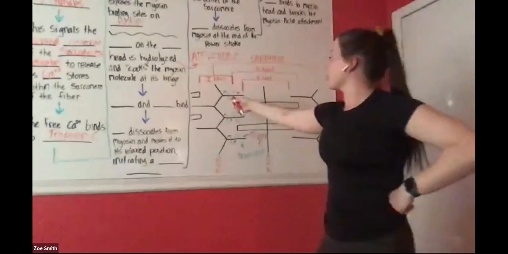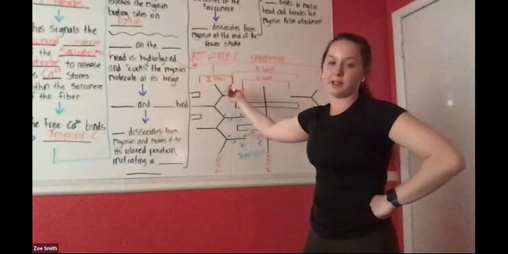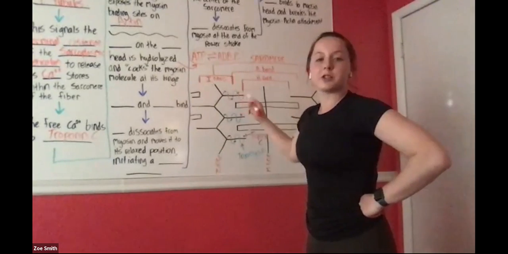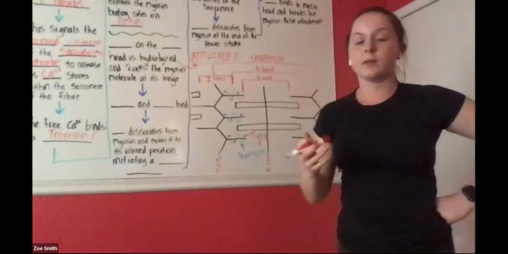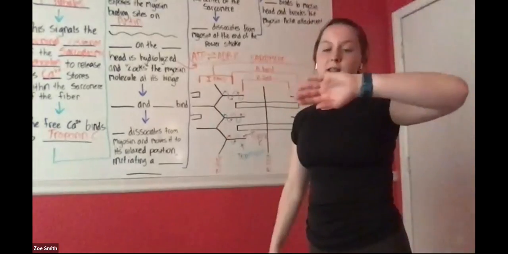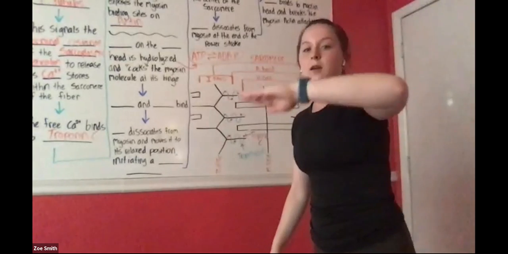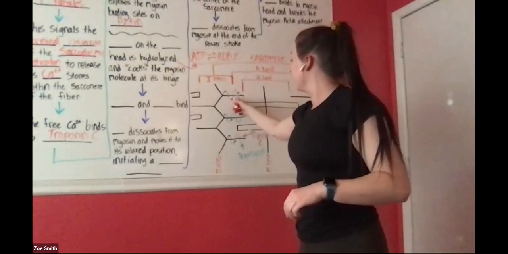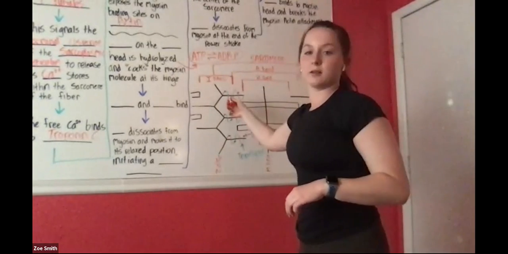Connected to that tropomyosin is troponin C, which I tried to draw in purple. So when calcium binds to that troponin C, it causes that tropomyosin to swivel out of the way and expose these binding sites for the myosin on the actin filament.